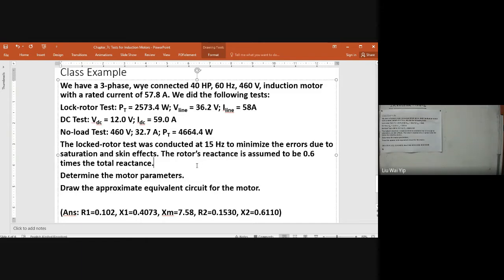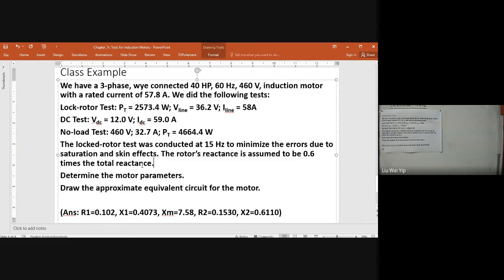And the rotor reactance depends on this test, and also it depends on the design criteria.